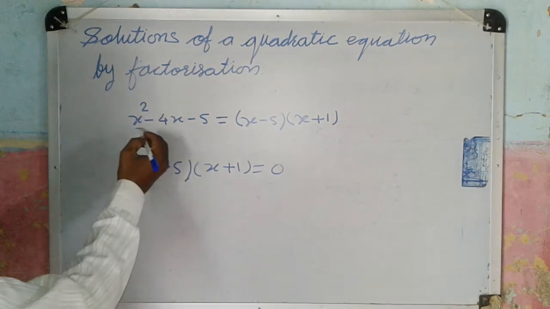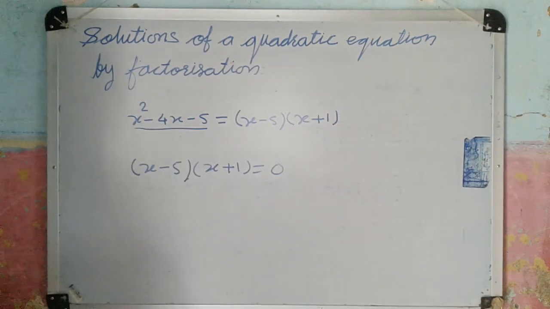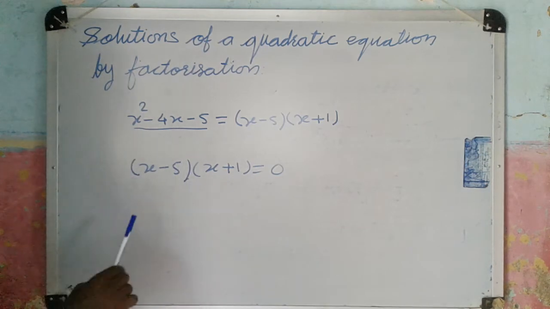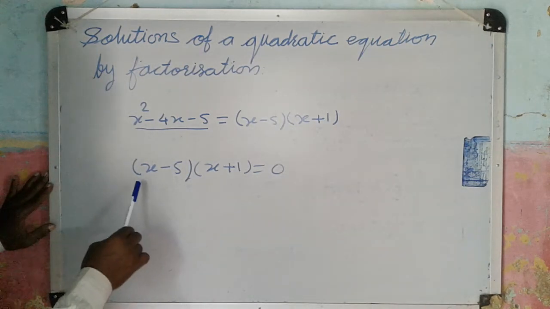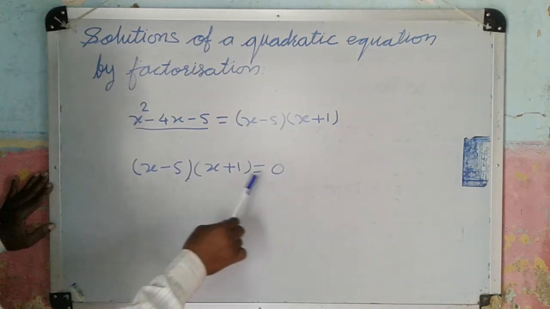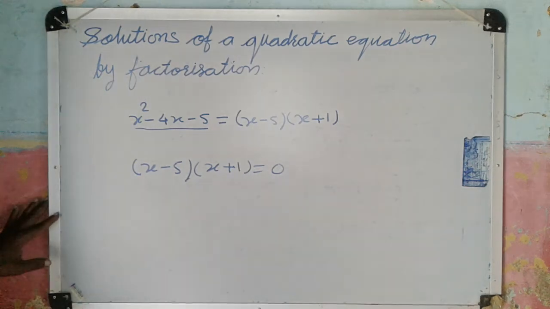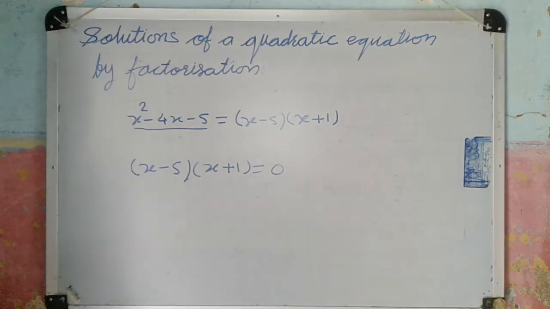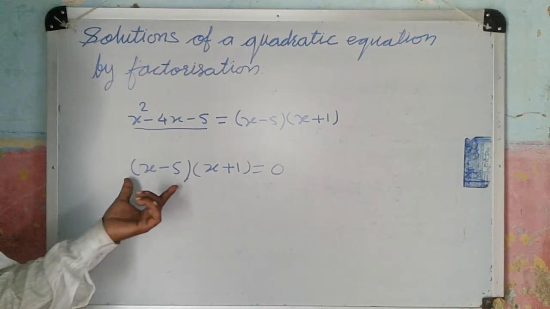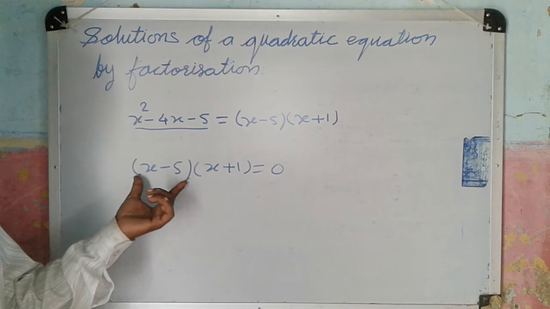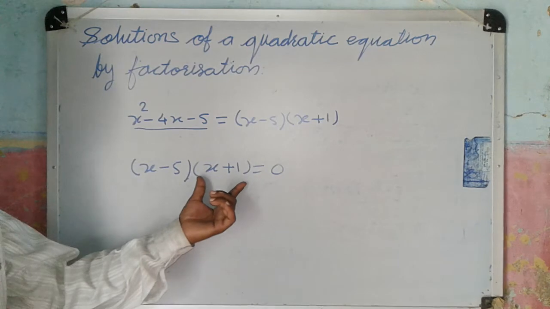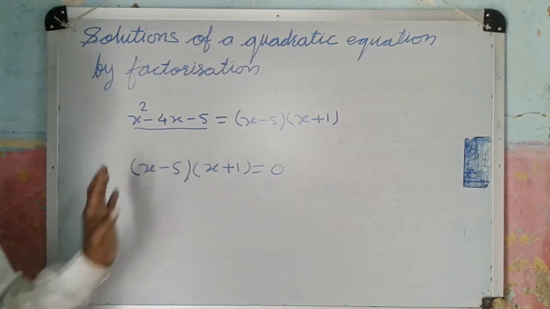So from this polynomial, the quadratic equation can be obtained by this statement. In the first bracket x minus 5, in the second bracket x plus 1 is equal to 0. Now, the meaning of this is that this is the first bracket, x plus 1 is the second bracket, and here is the product of these two brackets.